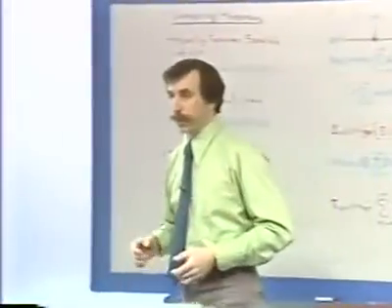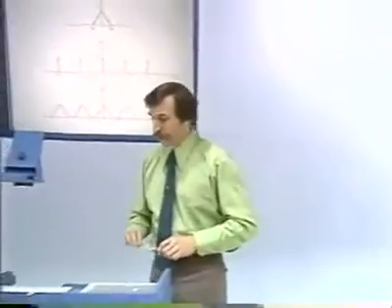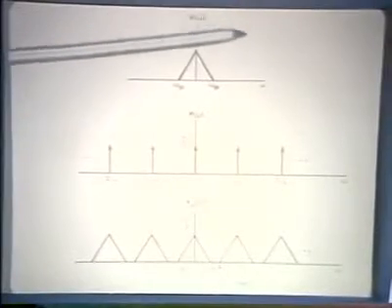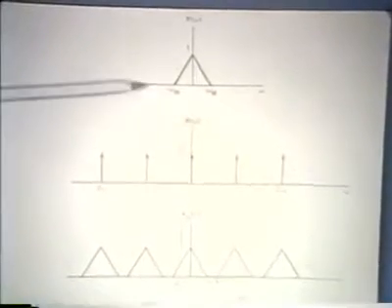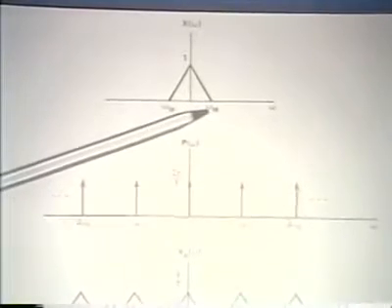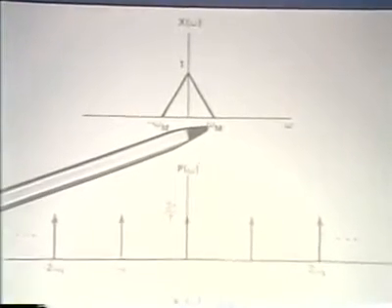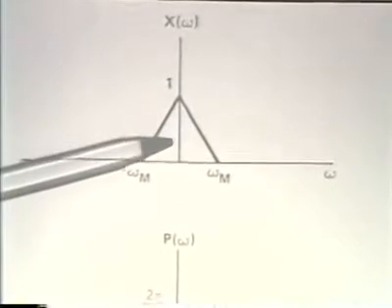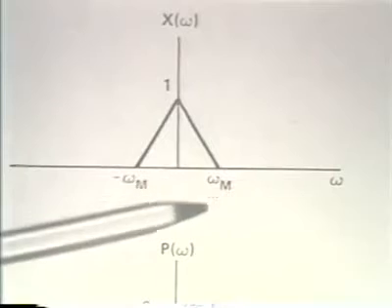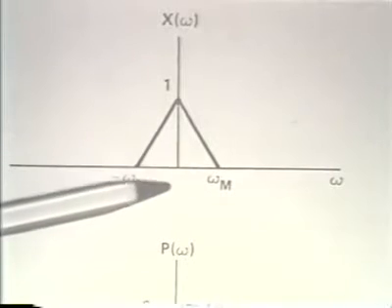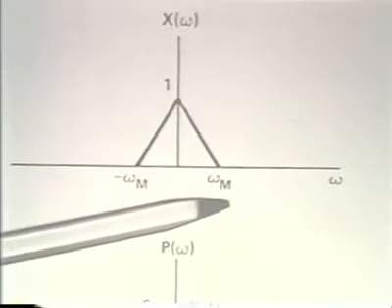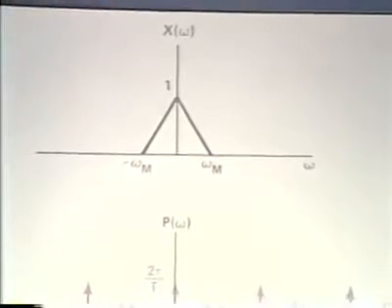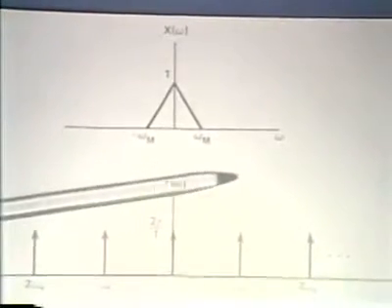Well, let's see that as we did last time in terms of pictures. Again, to remind you of the basic picture involved, we have an original signal with a spectrum as I indicated here, where it's band limited with the highest frequency omega sub m. If the time function is sampled, then in the frequency domain we convolve this spectrum with the spectrum shown below, which is the spectrum of the impulse train.